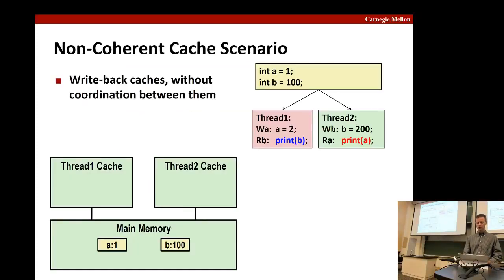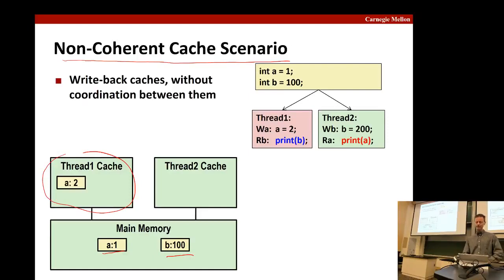So what are some of the things that could go wrong? Suppose we had caches that weren't kept coherent, that is, kept in sync. This may happen, for instance, not on a cache on one of the Shark machines, but maybe on scratch memory on a GPU, where there's no coherence. Main memory starts off with A equals 1 and B equals 100, and then thread 1 has these instructions to execute, and thread 2 has these instructions to execute.